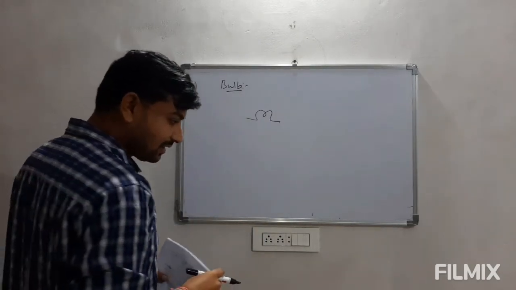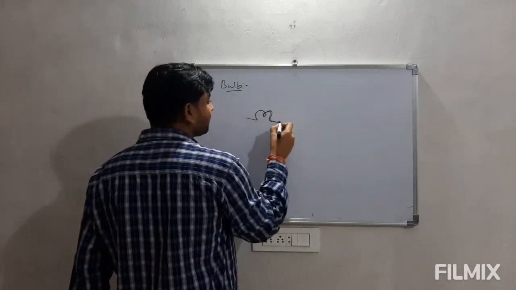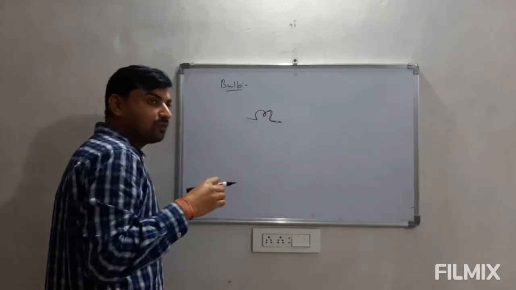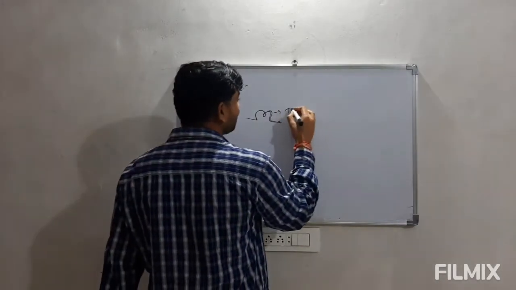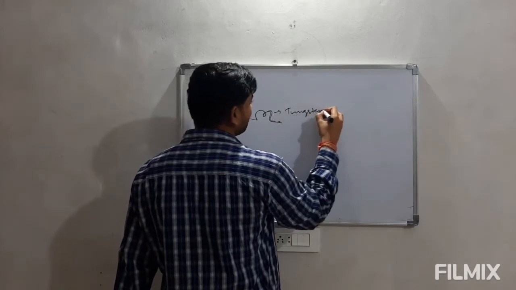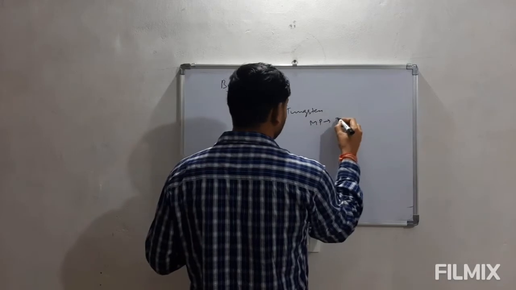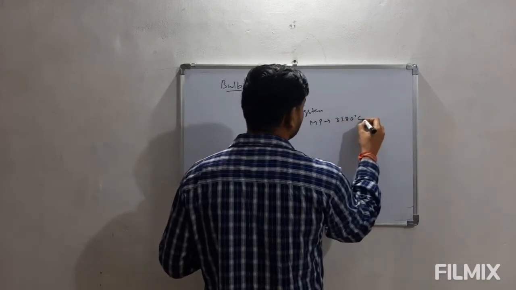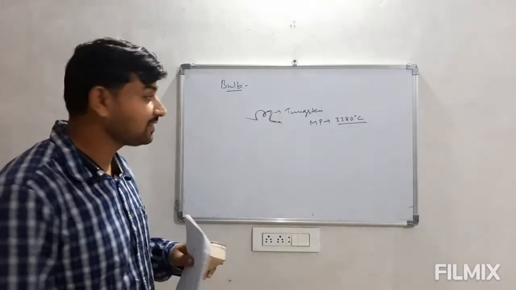But the main thing is that the material of this bulb is capable of holding a high voltage. It is made up of tungsten, whose melting point is very high, around 3380 degrees Celsius.